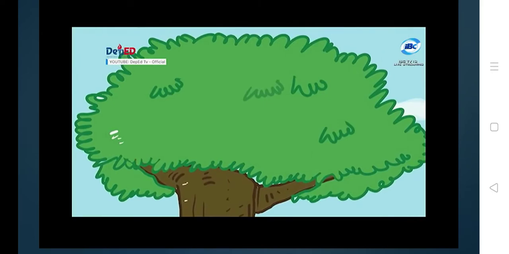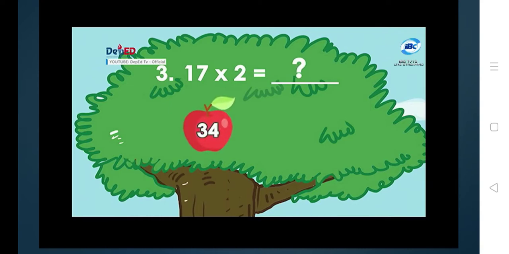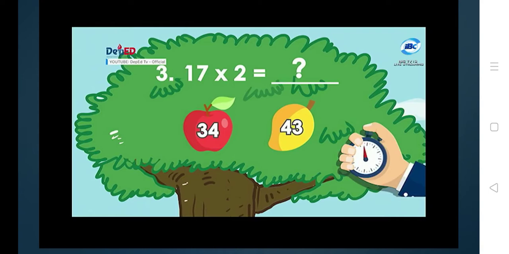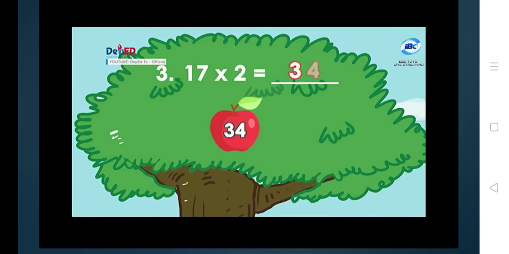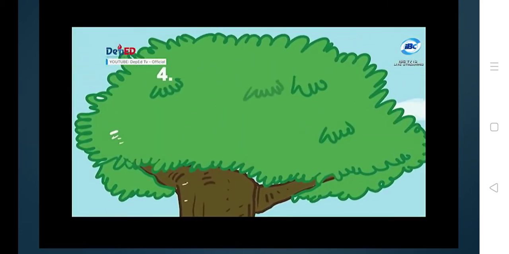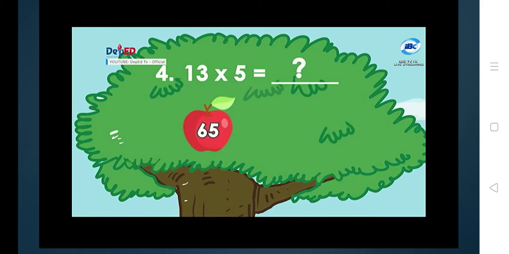Number 3: 17 times 2 is equal to 34 or 43. If your answer is 34, you are correct. Number 4: 13 times 5 is equal to 65 or 45.